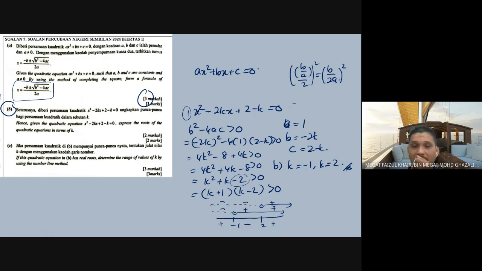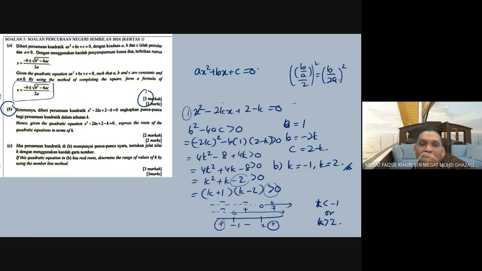And for these inequalities, the expression is greater than 0. Greater than 0 is always a positive value. So then it is for x less than negative 1 or x greater than 2. Okay, x is not x, it is k. k is less than negative 1 or k greater than 2.